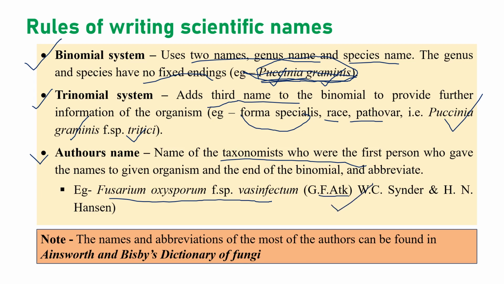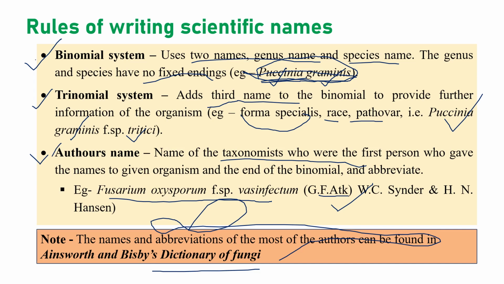Just like giving shortcut names at the end of the trinomial or binomial system, this provides further information about the author, who actually discovered this organism. We can mostly observe these abbreviations and author names in the Ainsworth and Bisby's Dictionary of the Fungi, where they have mentioned very clearly for every single fungus the author name at the end. This is called the author name, right?